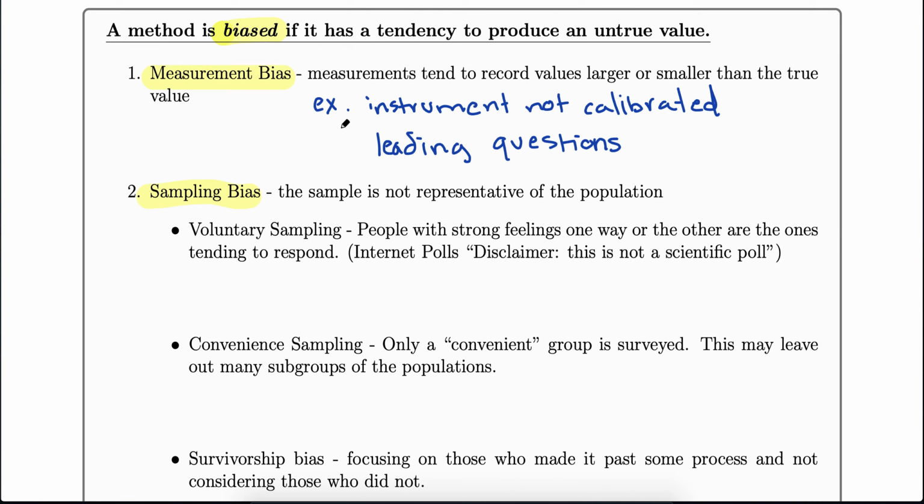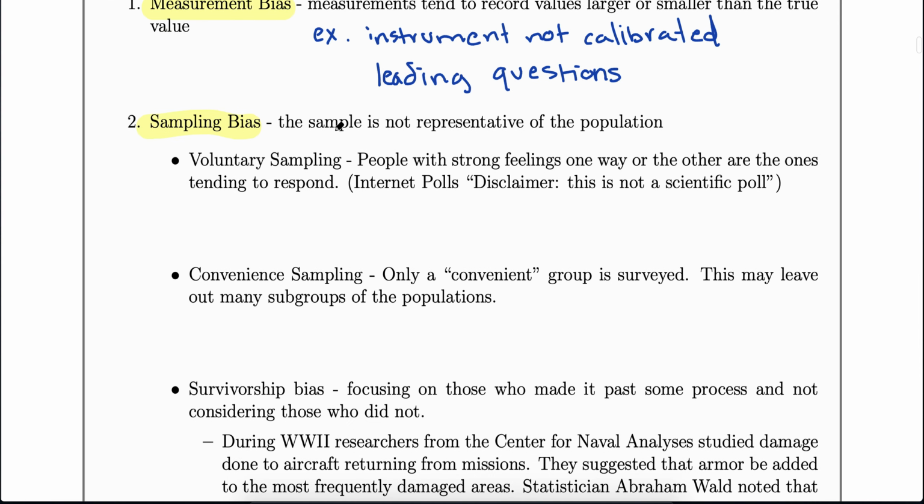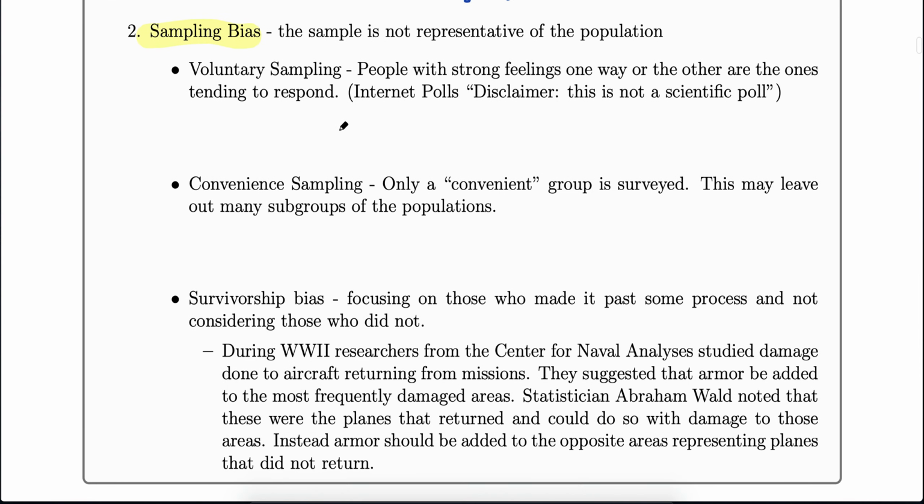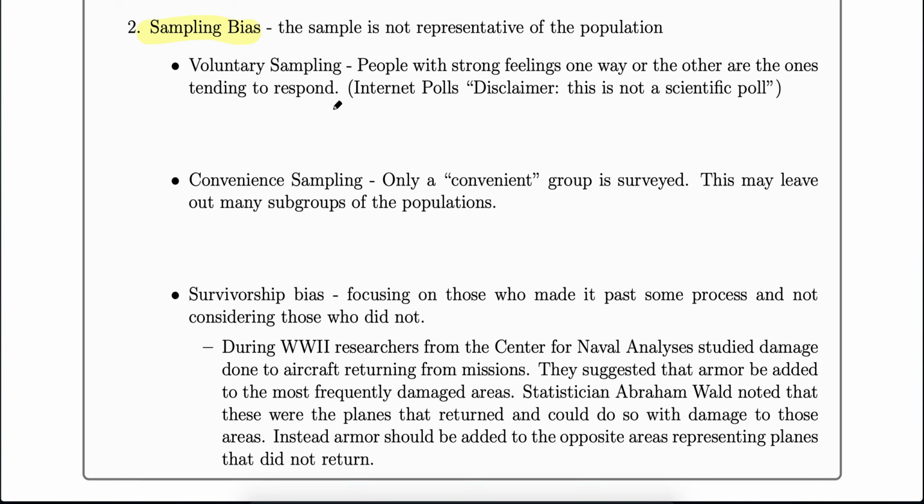Now, the second method or area where bias might occur is this idea of sampling bias. Now, this is different. This is based on who or what our data is coming from. Or in other words, the sample is not representative of the whole population. So this Height report definitely had some of each of these going on.